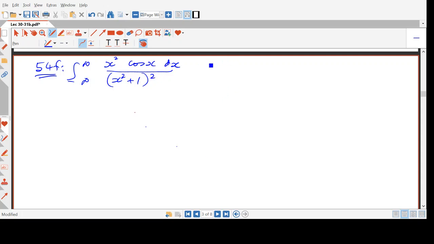Notice that the numerator has a lower power than the denominator, so it's most likely convergent. So we need the real part of the integral from minus infinity to plus infinity of x squared e to the ikx over x squared plus 1 squared dx.